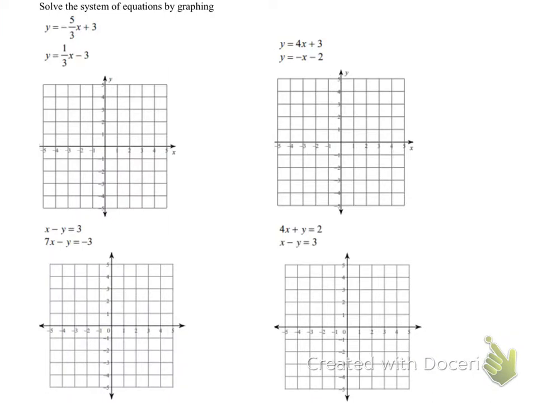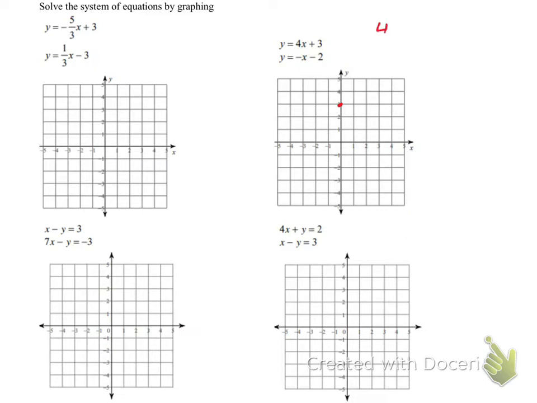All right, let's take a look at these. Solve the systems by graphing. So how about I do the ones on the right first? I'm going to first graph the two lines. So the first line is going to be there, and then my slope is 4 over 1. Now I can't go up, but I can go down.